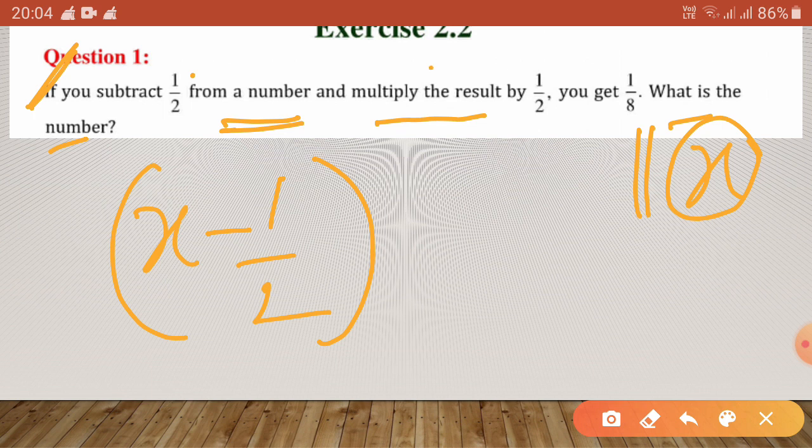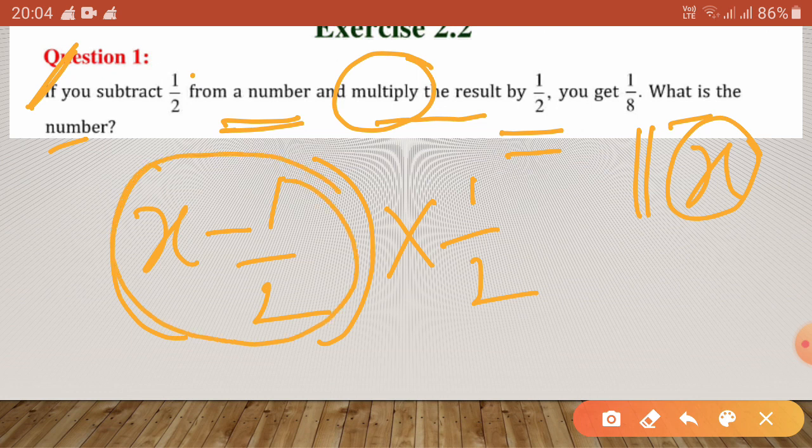So the multiply sign, and then by what? By 1 by 2. Okay, got that idea? So here we are subtracting 1 by 2 from the number, that is x, and then the multiply sign, and then 1 by 2.